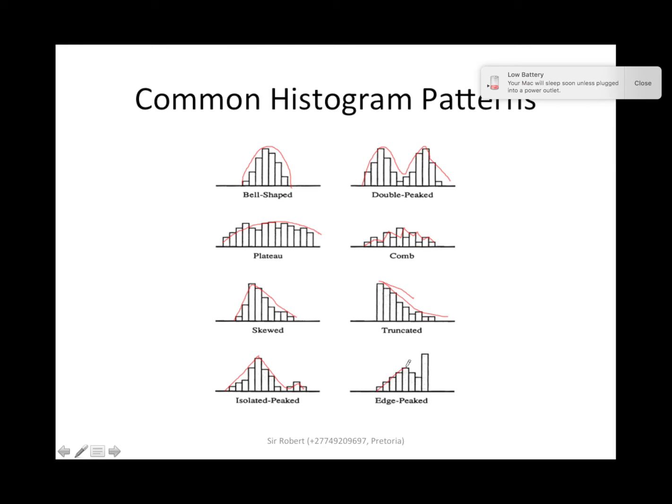Then this one is edge peaked. So these are common types of histogram patterns. You should just know them so that you'll be able to describe them when you see them, maybe in practice. So let's move on.